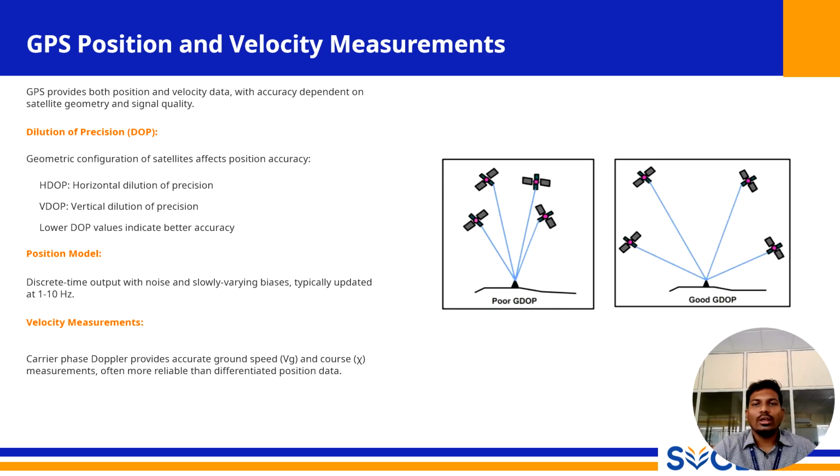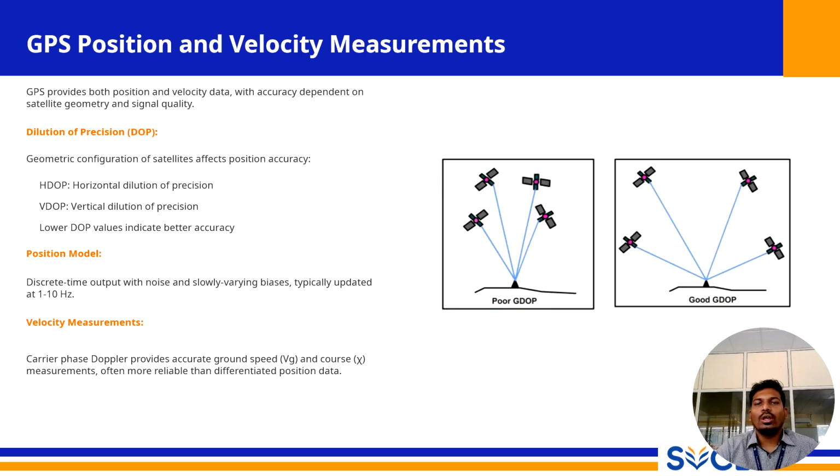This geometrical error is broken down into several components, including HDOP, horizontal dilution of precision, and VDOP, vertical dilution of precision. For any pilot or autonomous system, the key takeaway is that a lower DOP value indicates better accuracy.